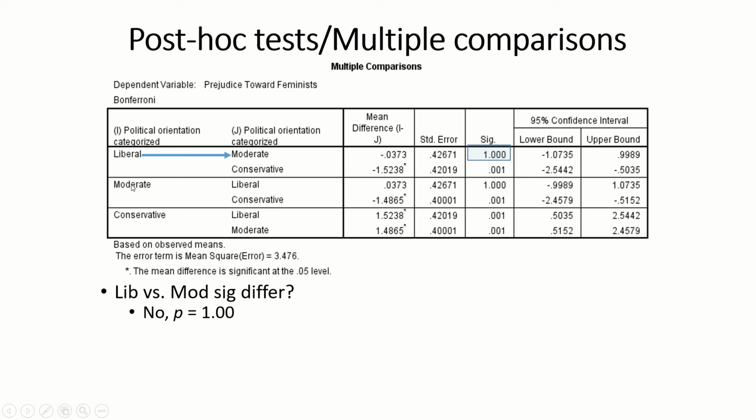If we went from moderates to liberals, the difference would be positive: the moderate mean minus the liberal mean gives a positive difference, 0.04. So moderates do have numerically a slightly higher mean, even though those means are not significantly different.